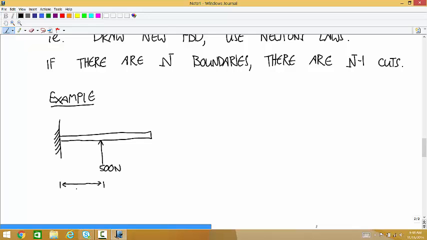This length is 0.2 meters, and this is 0.2 meters. And then at the end of the beam, let's say there's a couple this way of 500 Newton meters. And we want to know the internal loads.